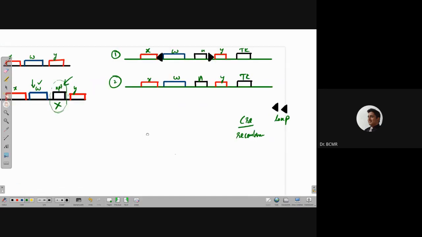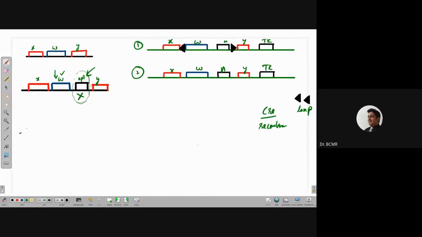Okay, let's see what would happen in this case, in 1. As I said before, these two are in opposite orientation. In opposite orientation, as you noticed before I erased it, if recombination happened and Cre recombinase was expressed, then it will just invert, and it will make a setting something like X, N, W, Y, TK, if we just added recombinase to the gene construct that we are making.